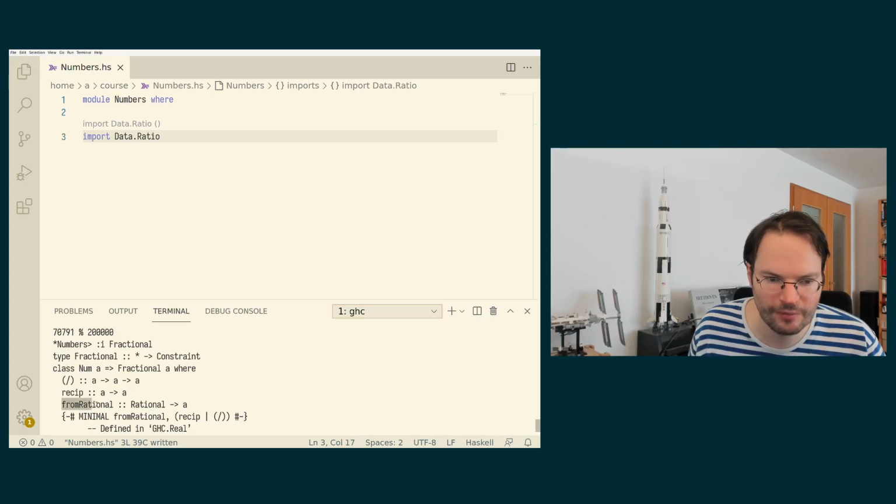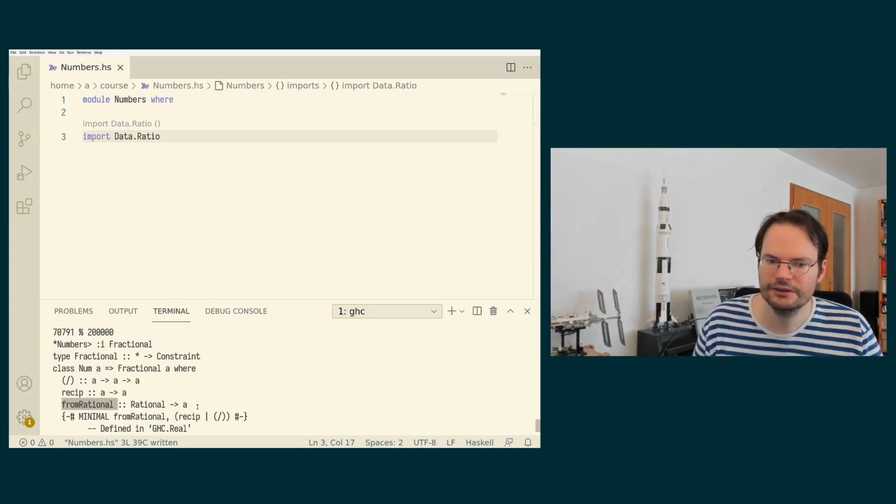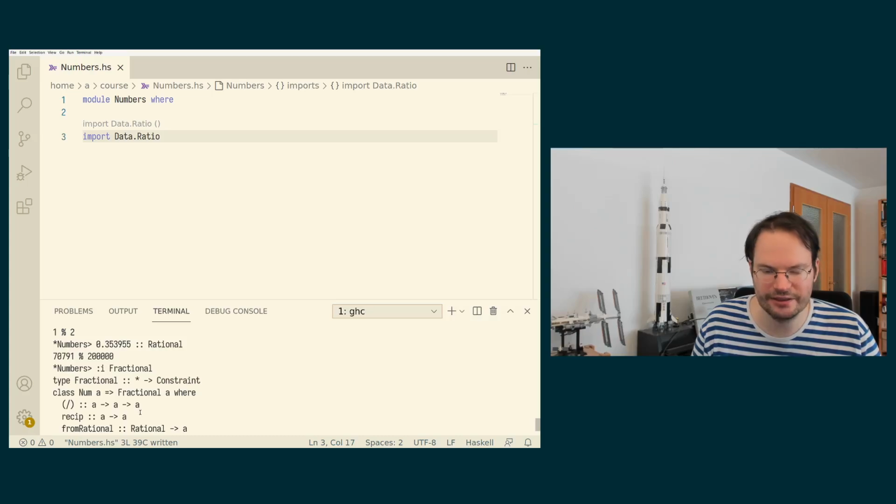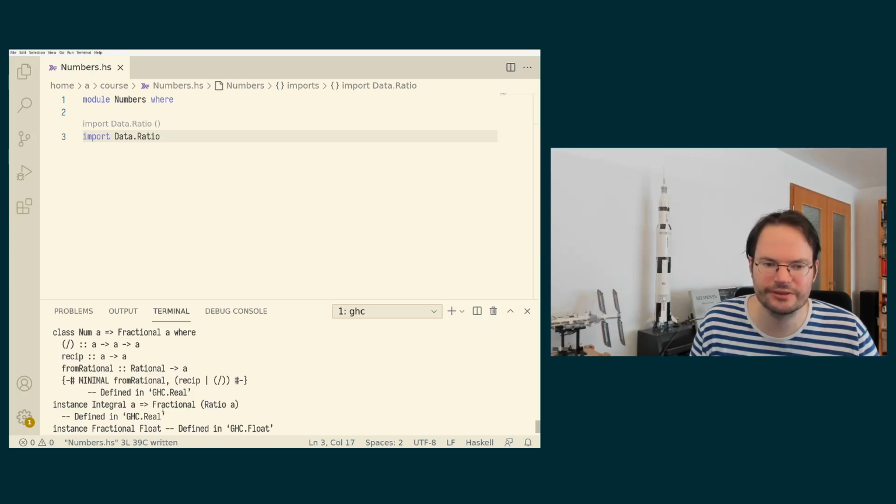So there's also this fromRational function, which is used for the fractional literals in the same way as fromInteger is used for the integer literals. And this is going from Rational because, in fact, whenever you have a literal with a dot in it, it can be precisely represented as a rational number by finding the appropriate power of 10 to divide this number that you have written here by, in order to generate the precise representation.